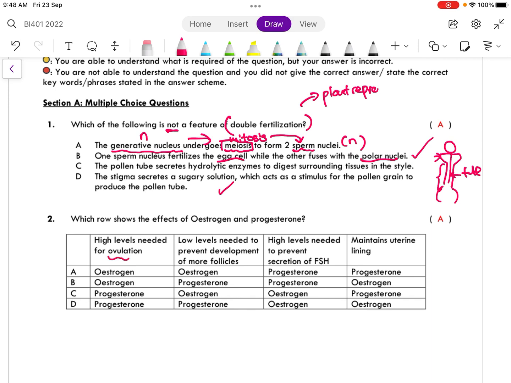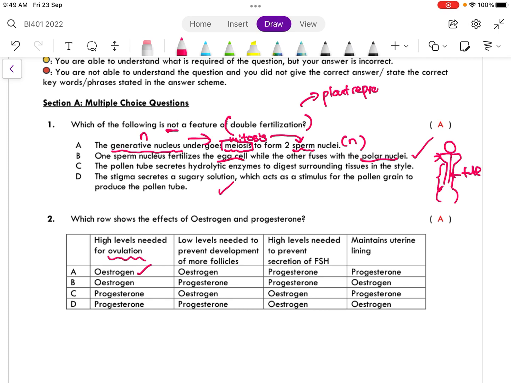For ovulation to take place, you do need a high level of estrogen. Why? Because a high level of estrogen will then cause a surge in the LH and FSH, which will result in ovulation. Whereas before that, at low levels of estrogen, actually it prevents the development of more follicles because there is a negative inhibition of FSH when levels are low.